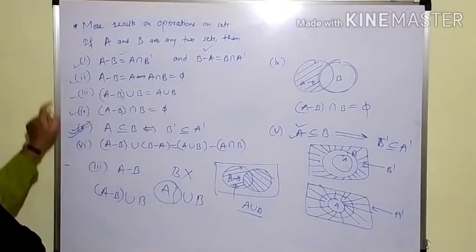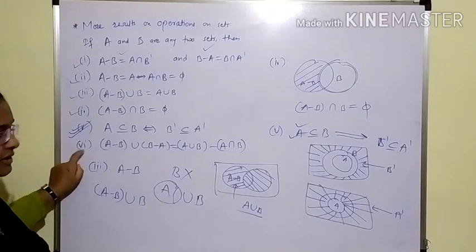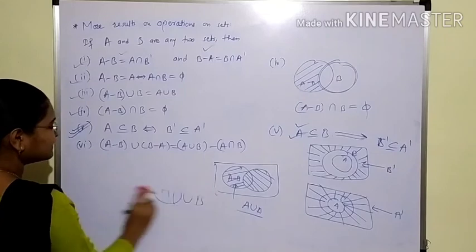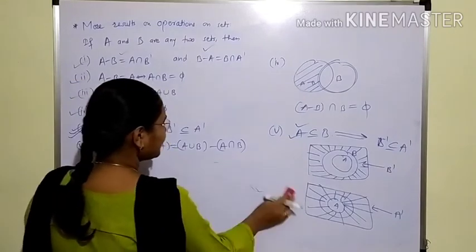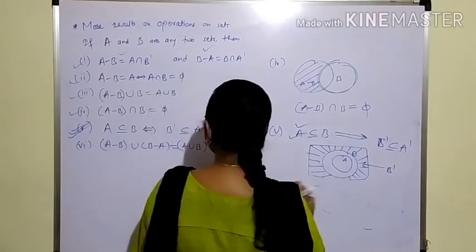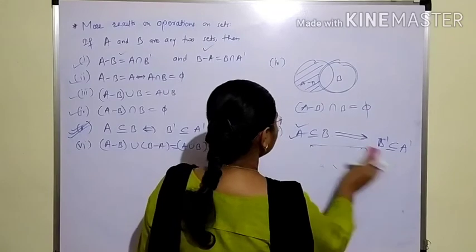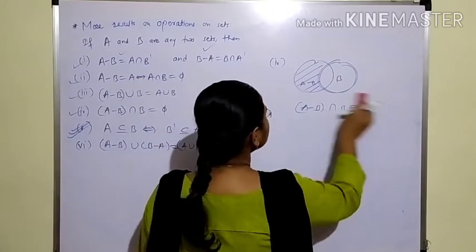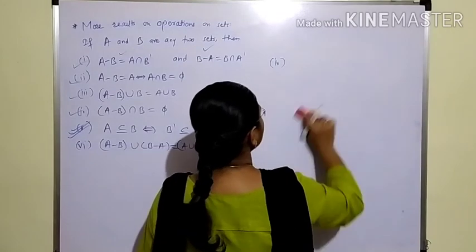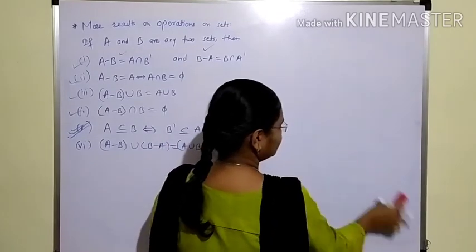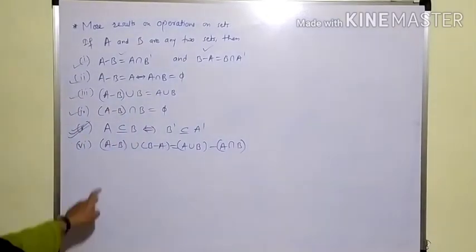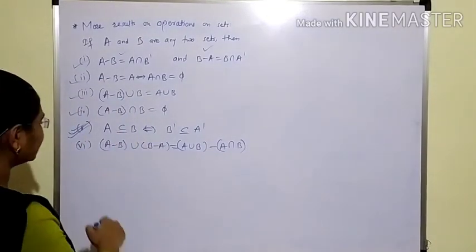Till these first five problems? Okay. Now the sixth one we'll see. A minus B union with B minus A is equal to A union B minus A intersection B. Students, we have seen this result when I explained the symmetric difference between two sets, but again we'll see the proof.